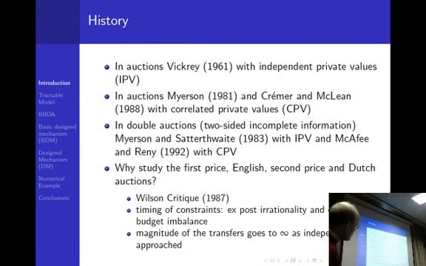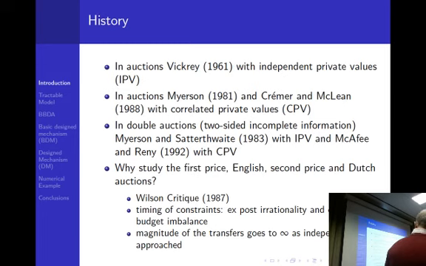And then moreover, the magnitude of transfers can get very large. In fact, in the Cremer-McLean situations, as you approach independence from correlated values, those necessary transfers blow up to infinity. And paying out that kind of money causes problems as a practicality.